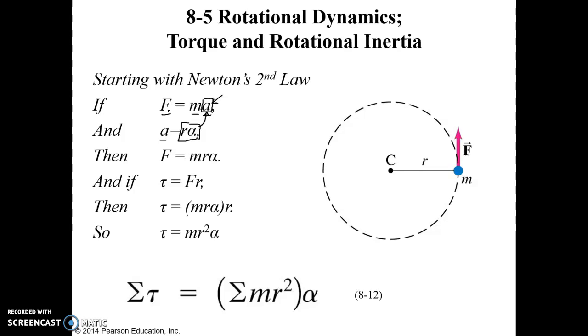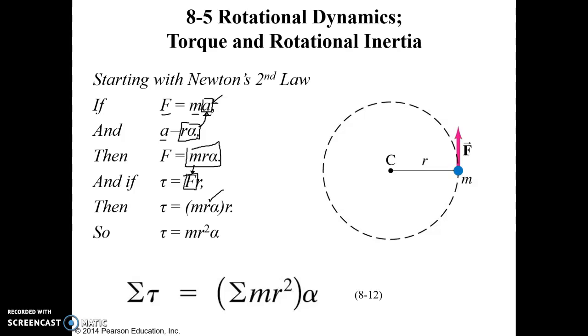So that means that Newton's second law now becomes F equals m r alpha. And if torque is equal to F r, then we can say that torque equals m r alpha r, because what we're doing is we're taking this m r alpha, which is equal to force, substituting it in here for this force, and so now this becomes m r alpha r.